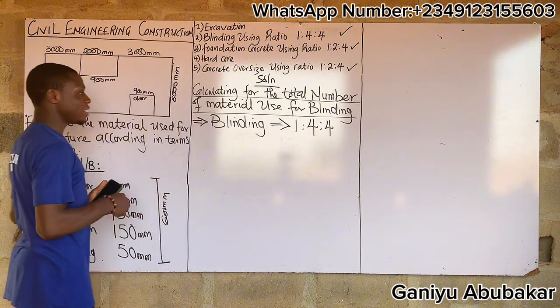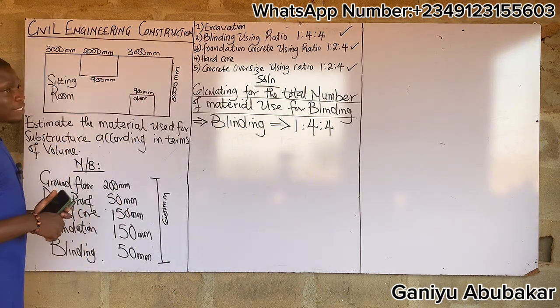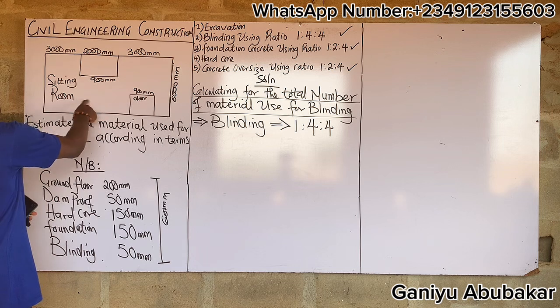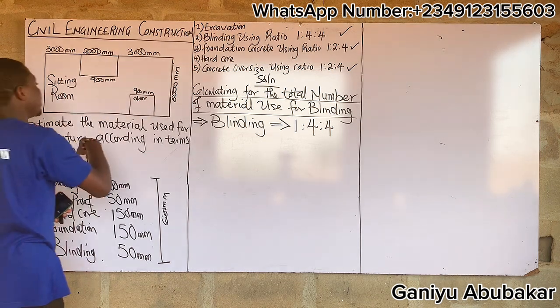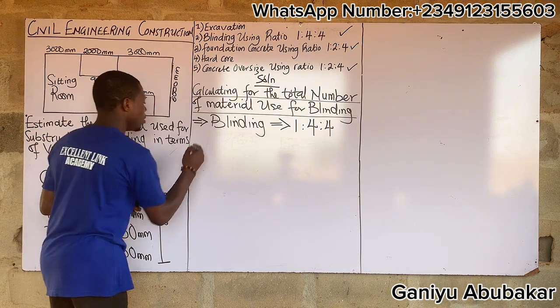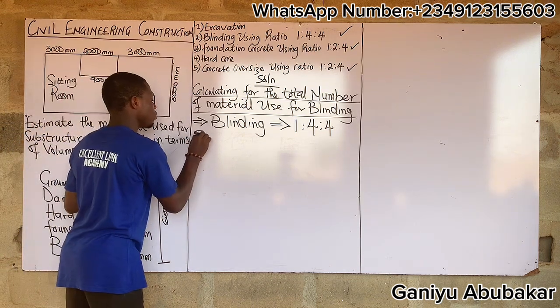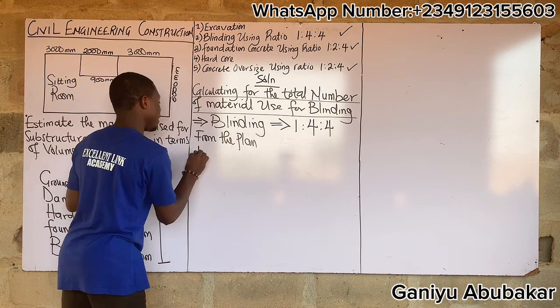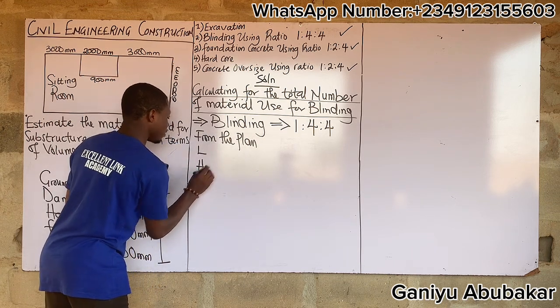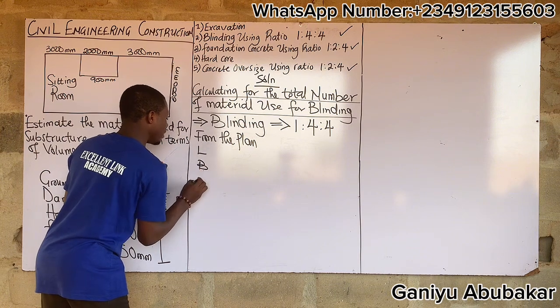Now, the very first thing is that I'll try to get the dimensions of the site. This plan here has a measurement of the entire length. From the plan, I want my length, breadth, and height.